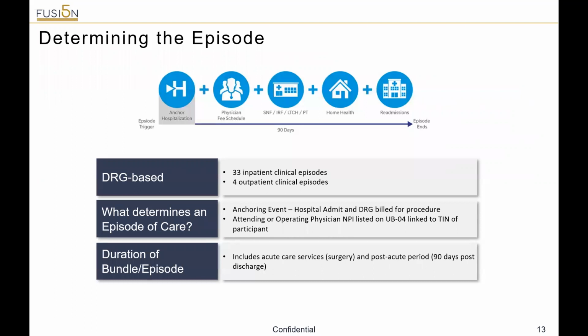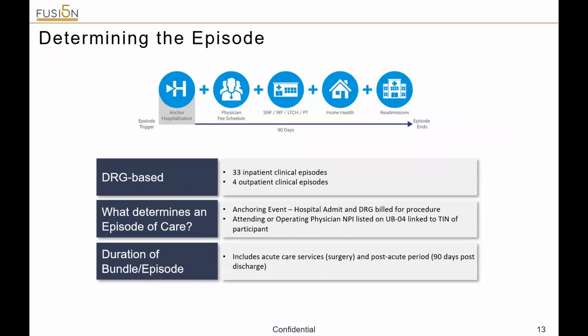We've covered that an anchoring event, the hospital admission, is what triggers the event that is associated by a UB04 claims invoice from the hospital that will contain certain information on it in terms of the NPI of the attending or operating physicians. That will be looked at to associate with a tax ID to determine who, if anybody, is engaged in BPCI by tax ID.